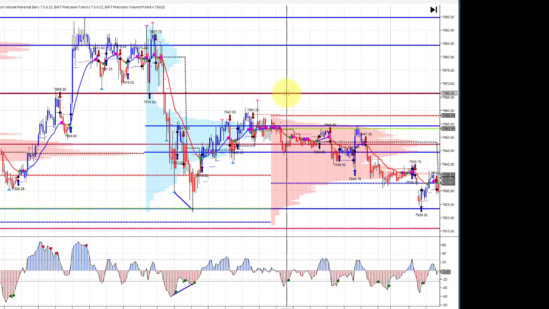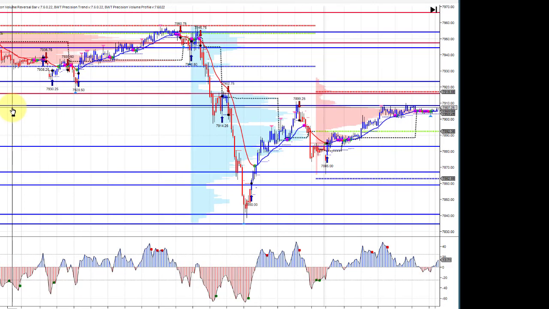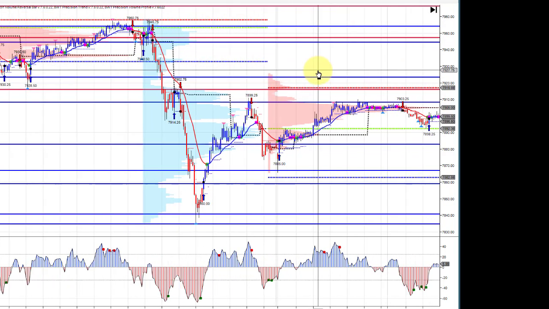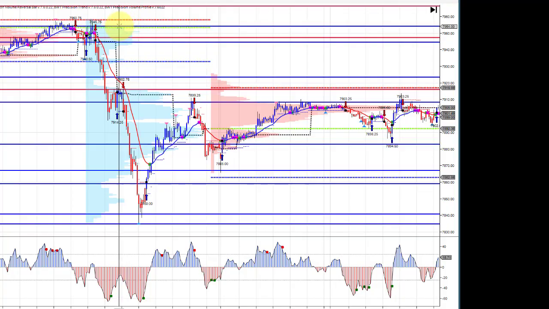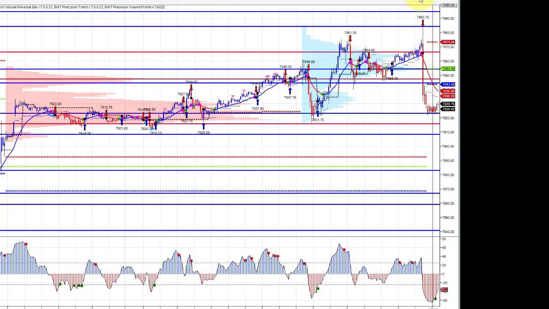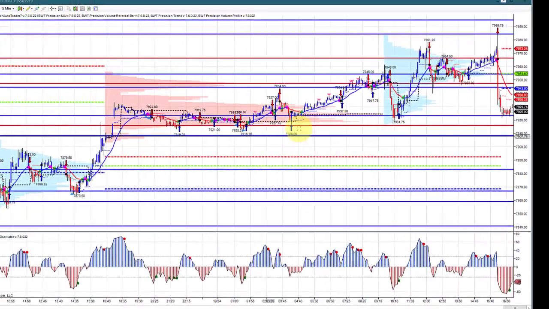64, and that was drawn in right here, this red line. That happens to be the high of the 21st in that area. So fast forward to today's chart.